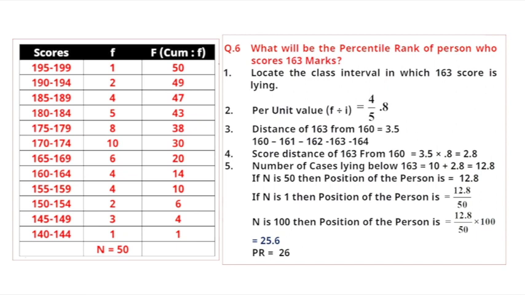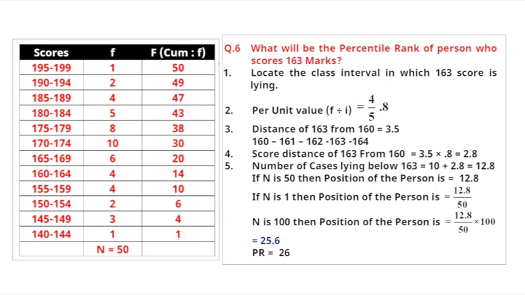Distance of 163 from 160 is now 2.8. So, the total distance of 163 from 140 will be 10 plus 2.8, that is 12.8. So, I have determined that there are 12.8 cases which are below 163.